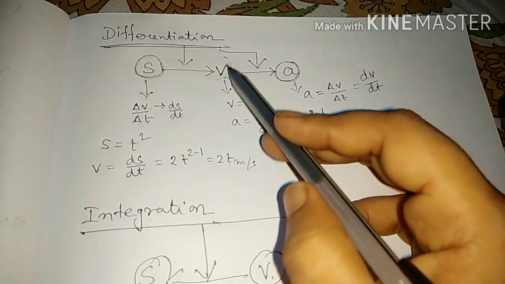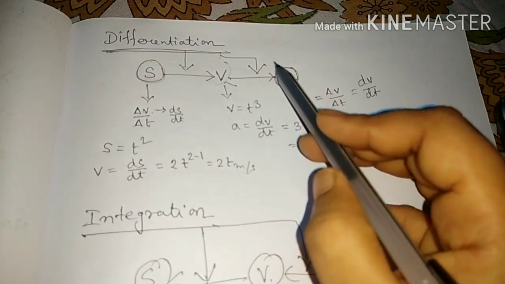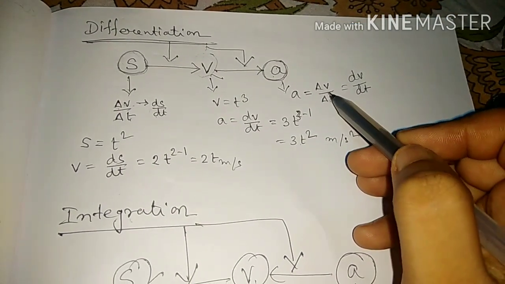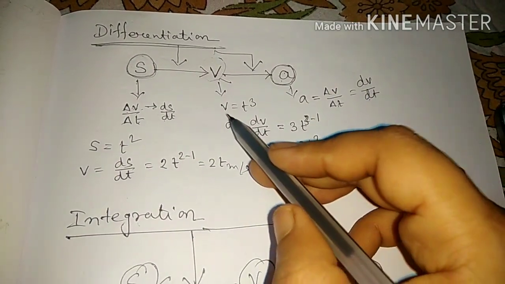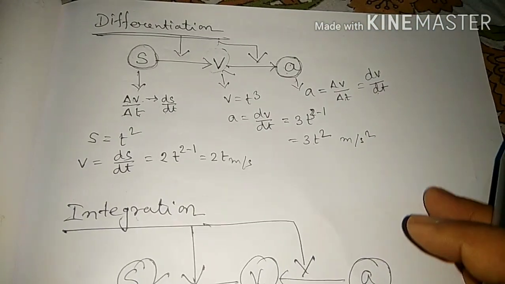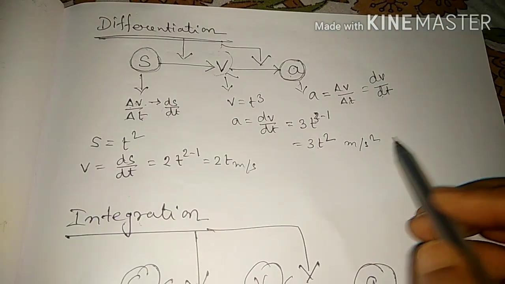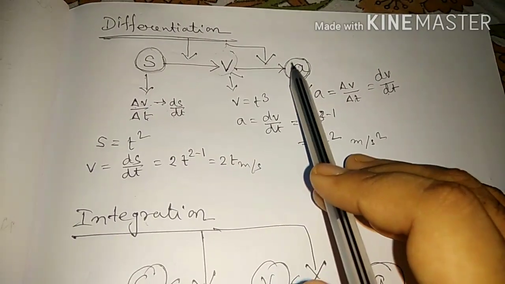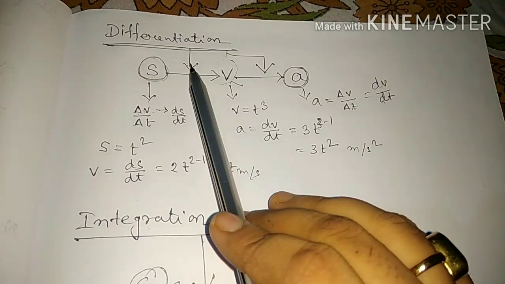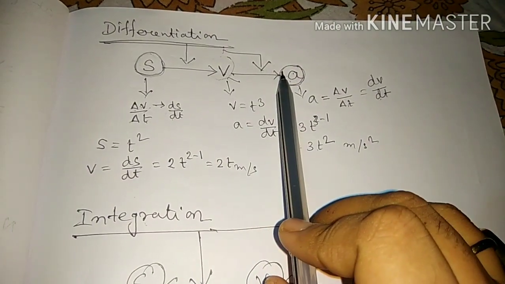Same way here, the velocity is given and we find acceleration. Acceleration means del v by del t. If dt is very small, then dv by dt. For example, if v equals t cube, then a equals dv by dt equals 3t squared meters per second squared. So displacement to velocity, differentiation. Velocity to acceleration, differentiation.